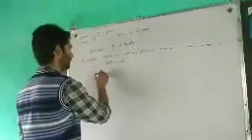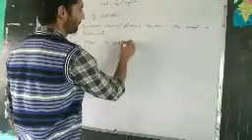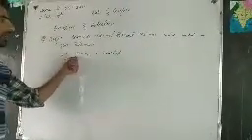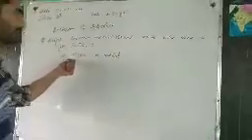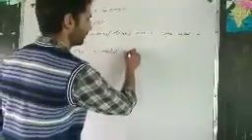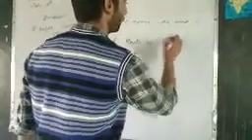For example, man is mortal. Before this common noun, man, we didn't use a, an or the. Plants are green. Plants, common noun, we will not use either of the articles.